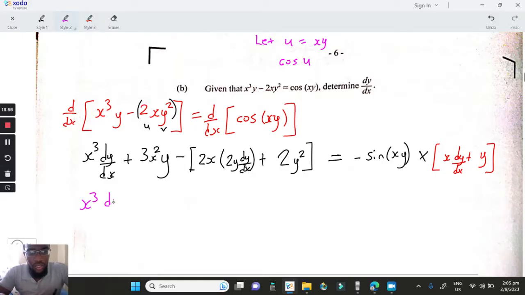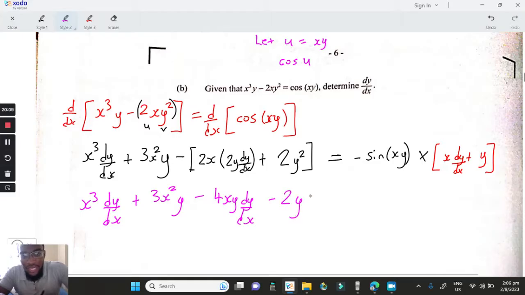This is now x cubed dy/dx plus 3x squared y minus 2 2's 4, so that's 4xy dy/dx minus 2y squared. Now here's the nice part, because we're multiplying this times this and this times this.